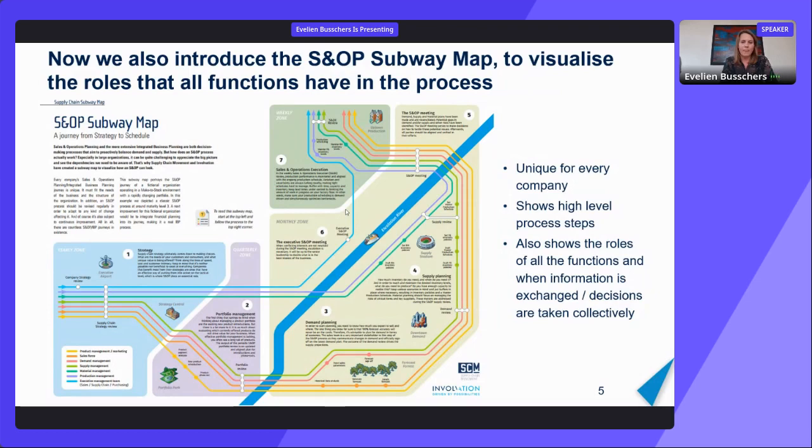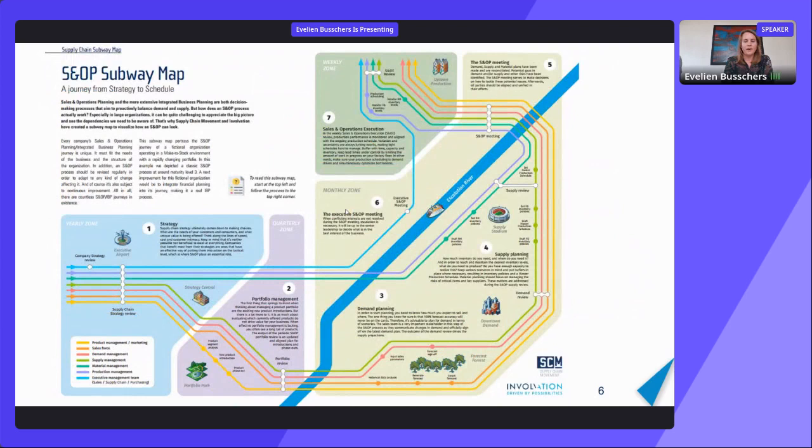So this is how the S&OP Subway Map can help to give that overview, and also to make them aware of how everything connects to each other, and what impact their activities have on the activities elsewhere. So let's have a closer look at the S&OP Subway Map.